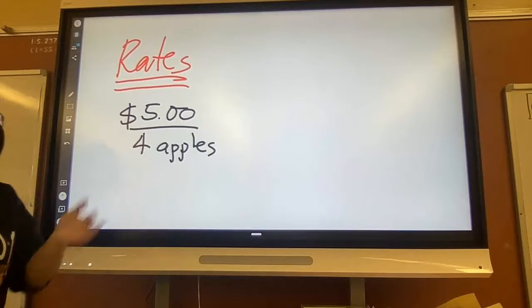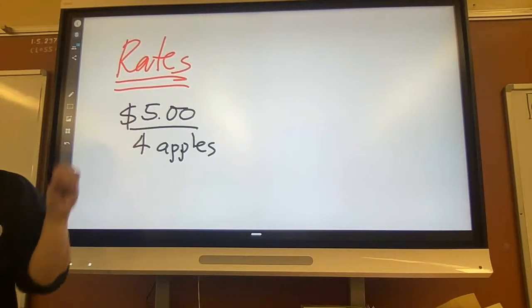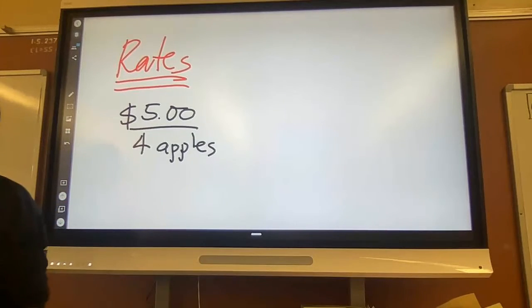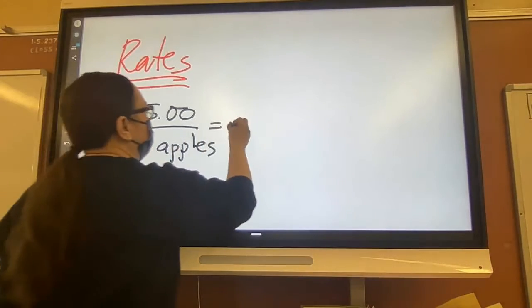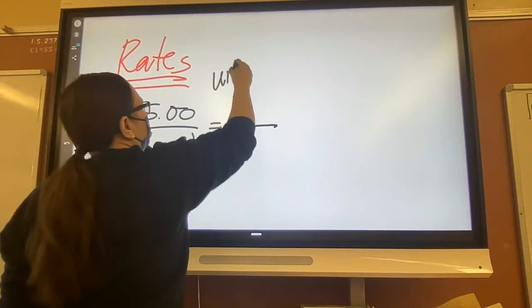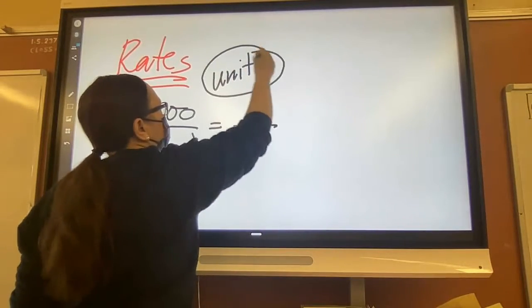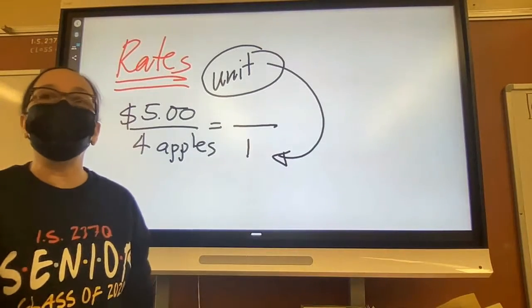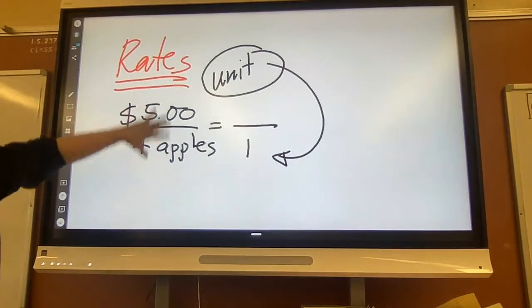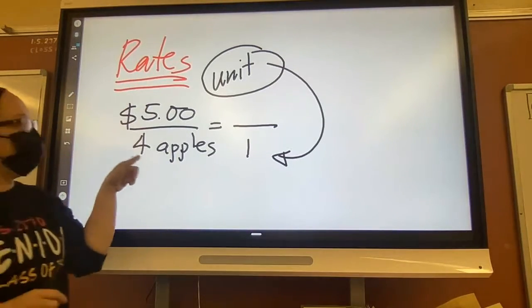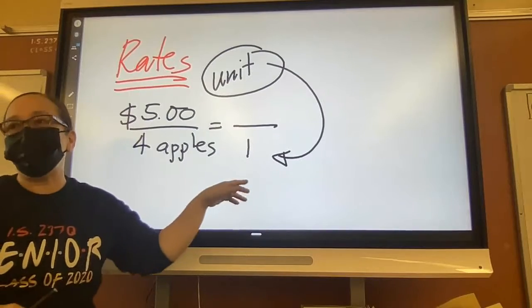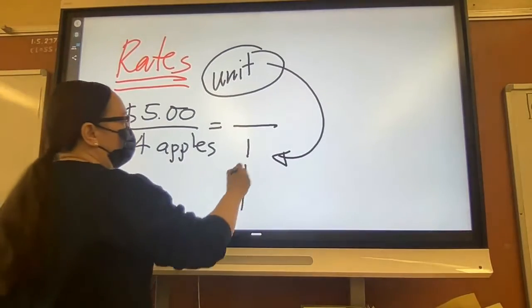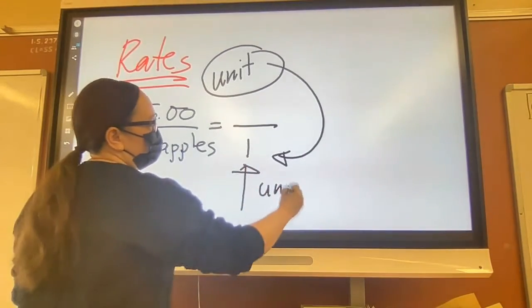So usually we need to know how much is one apple. A unit means one. So we call this a rate, and if I find how much is one apple, that becomes a unit rate.